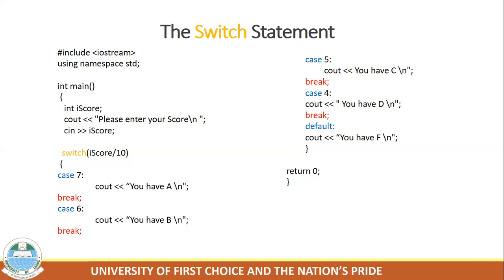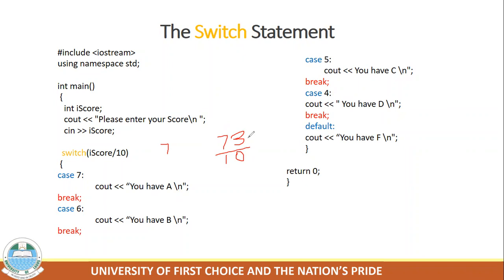Your value will not be a floating point value. It will be an integer. So if you have 73 divided by 10, your result would be 7, rather than 7.3, right?